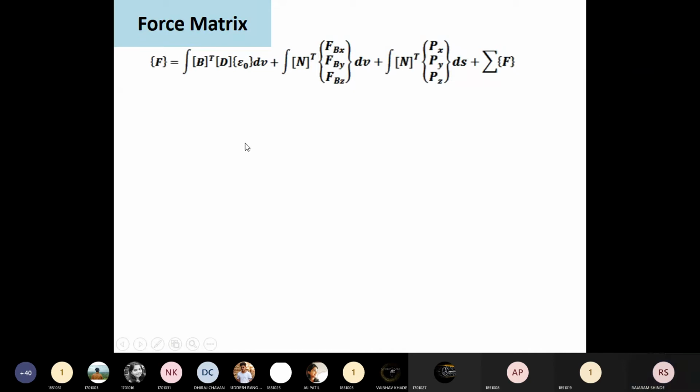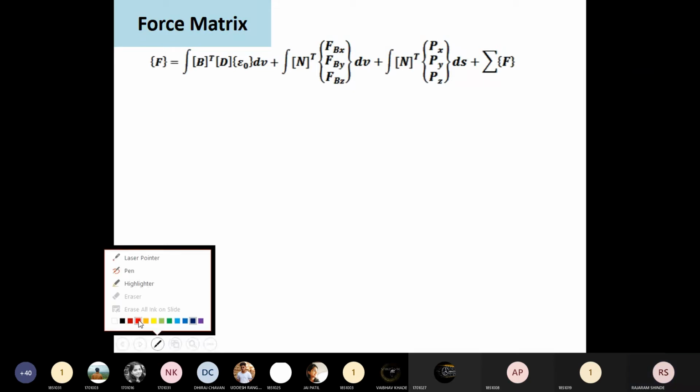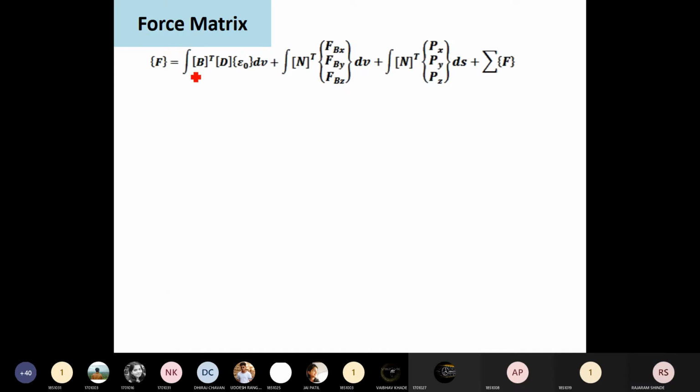You can see here that the first term is your thermal load. Already we have derived this equation. This is the body load. This is your general equation for the force matrix. This is the pressure load, and this is your nodal load. Now we will calculate one by one.